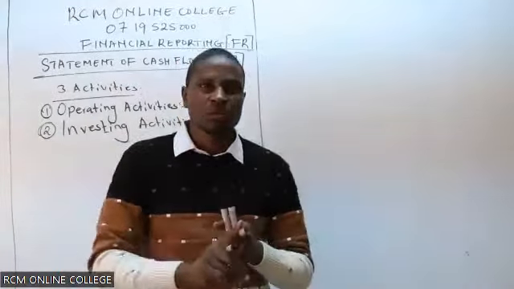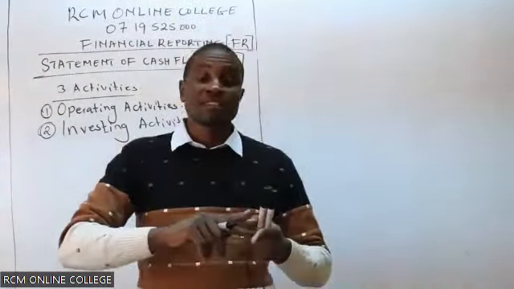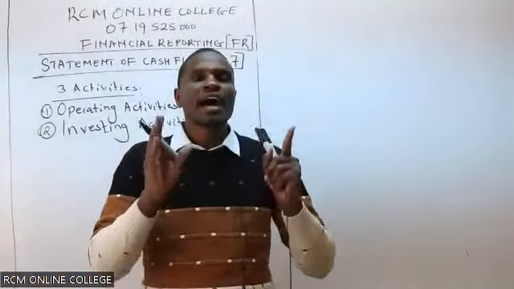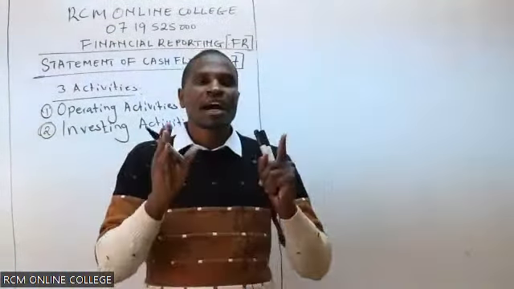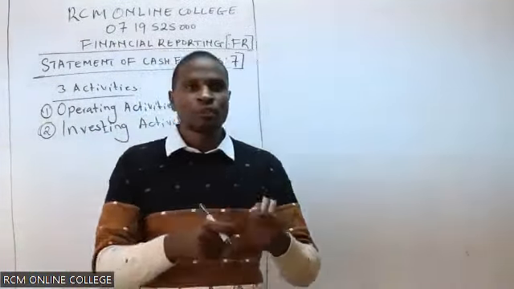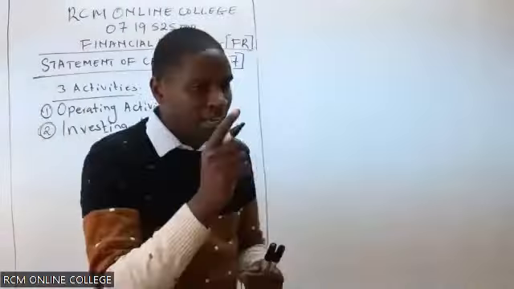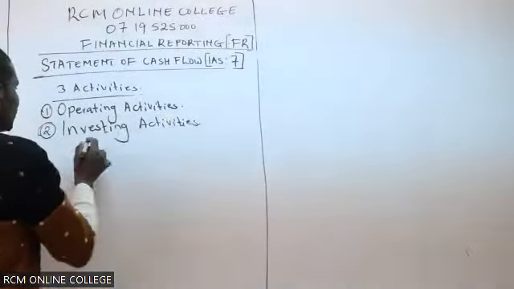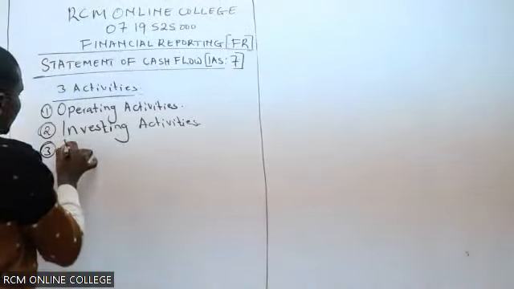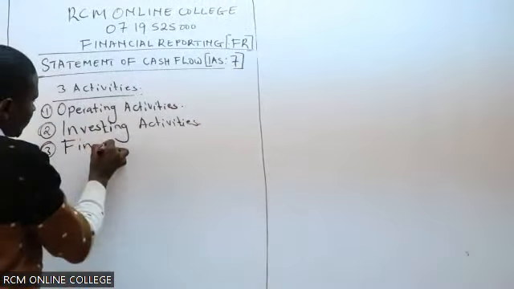You can invest in a motor vehicle, you can invest in real estate, those are buildings, and so on. You can purchase a motor vehicle and sell. You can be doing that business of purchasing and selling. Investing activity. Then the last activity is financing activities.